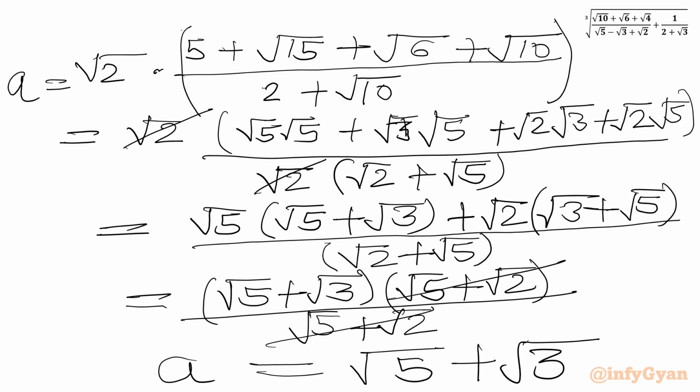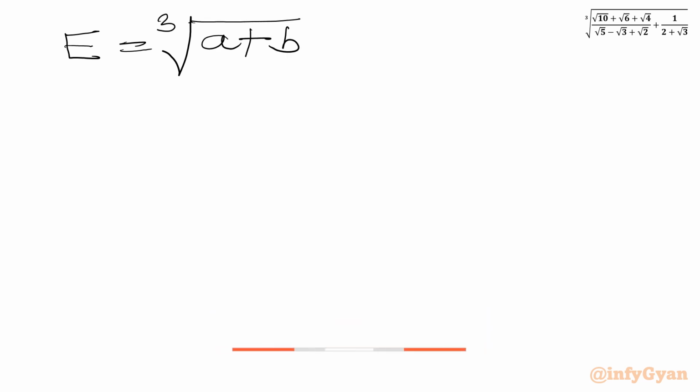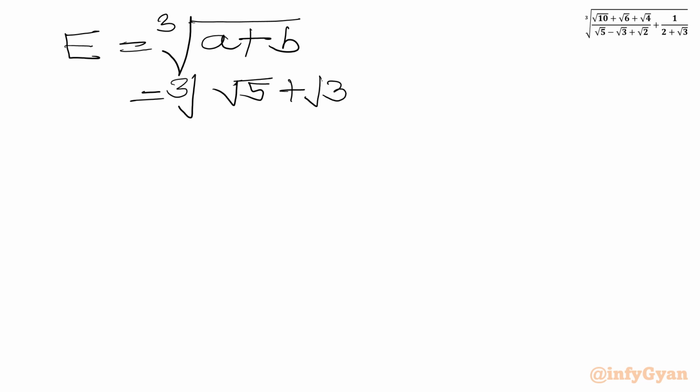Let's calculate expression E. E was cube root of A plus B. So A was root 5 plus root 3, and B was 2 minus square root 3.